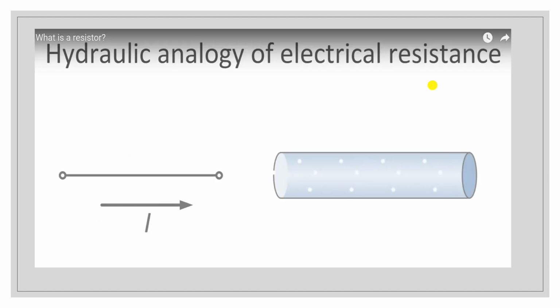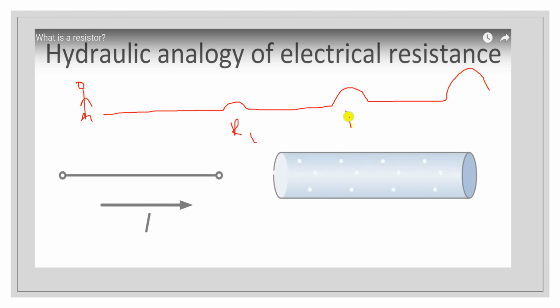Similarly, let us take another example to understand resistance. A person has a vehicle traveling through a road, and the road has resistances. This is R1, this is R2, and this is R3.